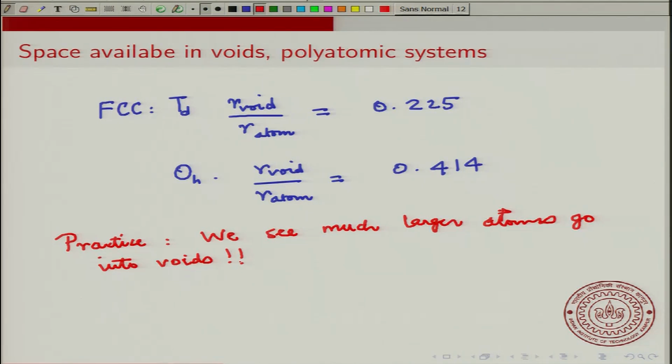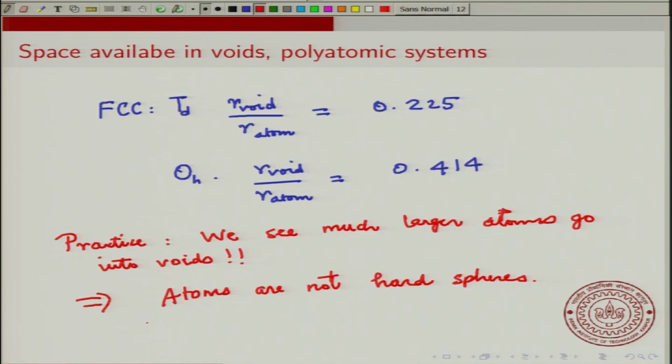And this really again goes back to the idea that atoms are not hard spheres. They distort, they can actually stretch out, they can push. So you can put a bigger atom into the tetrahedral void in FCC by pushing out the atoms of the FCC.